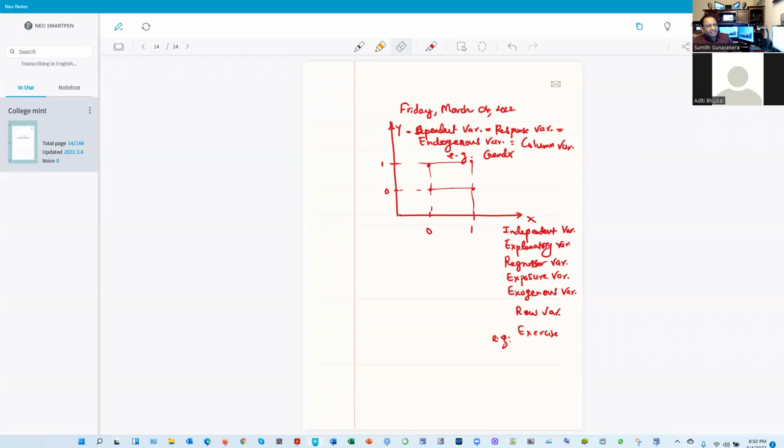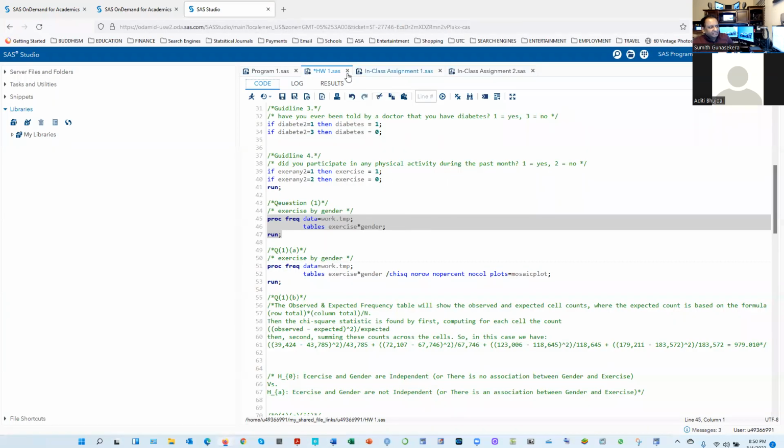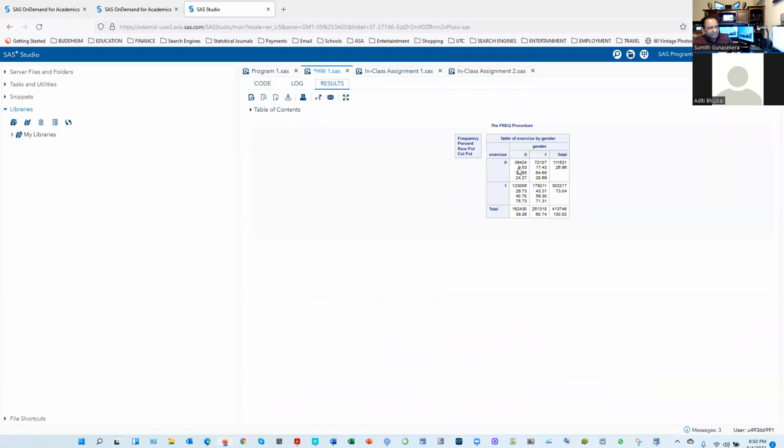Now in the contingency table, you can see the frequencies, how many; those are called cell frequencies. This number is called the cell frequency: how many females are not doing exercise, how many people are doing exercise, how many males are not doing exercise. Later on, the cell frequency divided by the total is called the percentage.